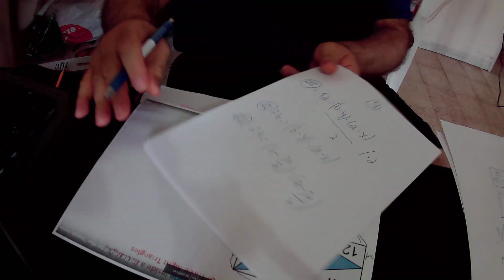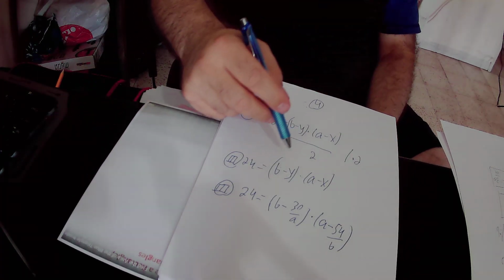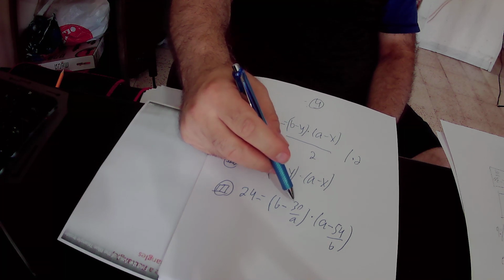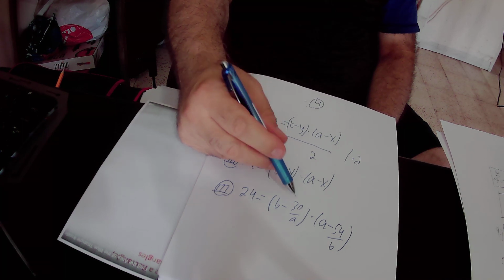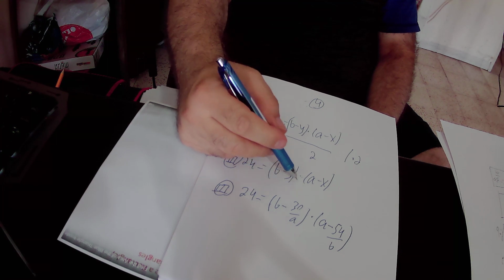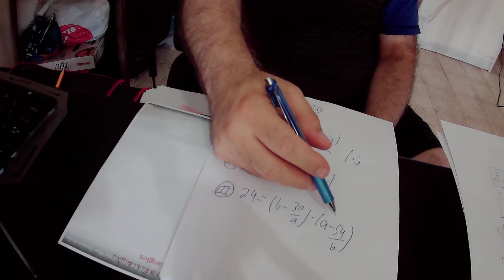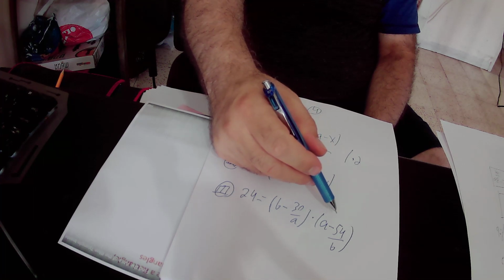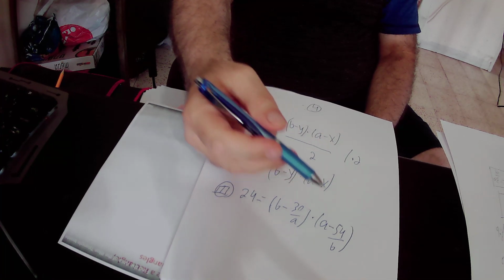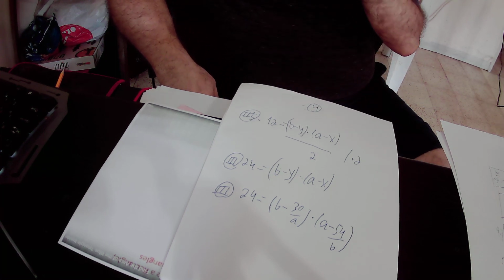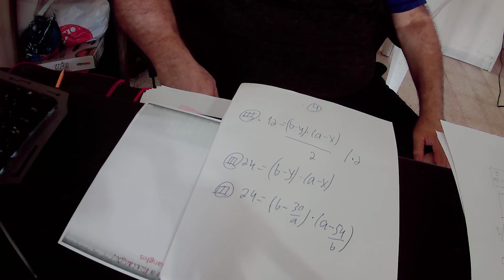Okay, so as you can see here, we substituted y by 30 over a because they are equal to each other, so we can substitute between them. And here is a minus x, and instead of x we wrote 54 over b. Okay, so now we can open the brackets.